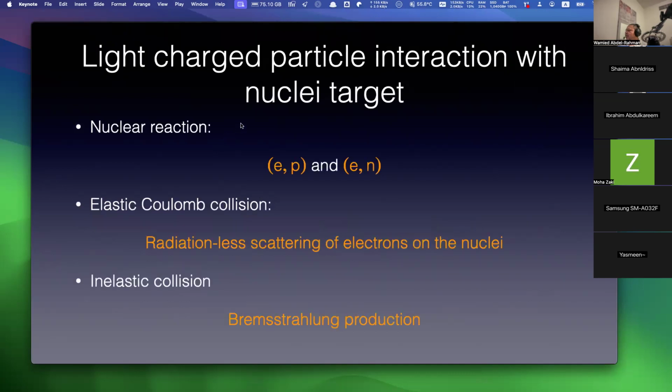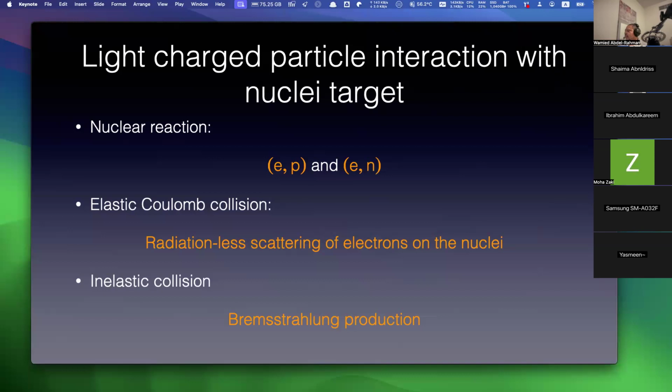We have light charged particle interactions with nuclear targets. So we have an electron-proton interaction or electron-neutron interaction. These are examples of what could happen as nuclear interactions. Elastic Coulomb scattering collision is an interaction with a nuclear target.